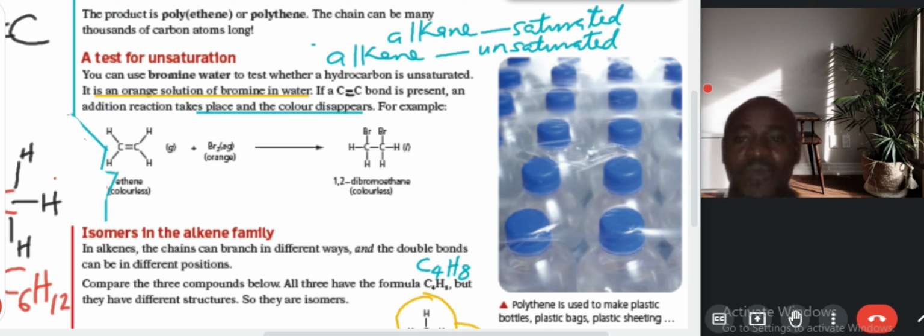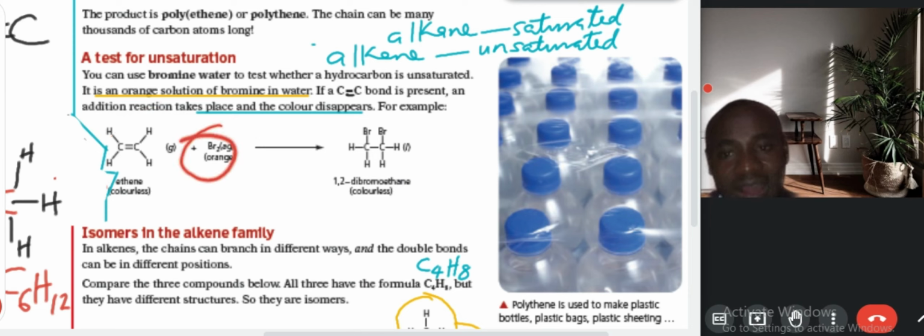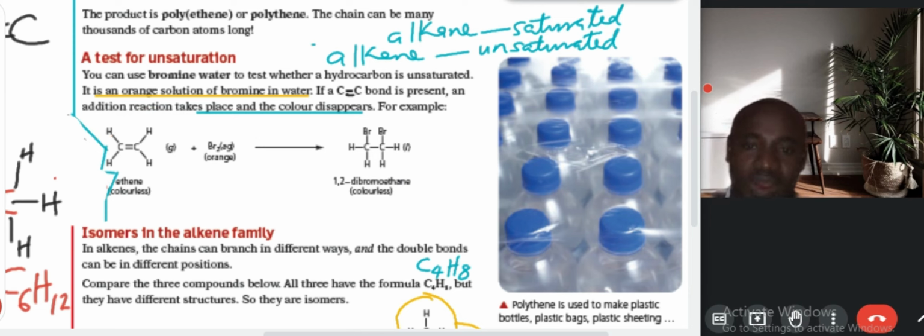And so when we have a positive test, when there's a reaction, the orange color of the bromine water will disappear. It becomes colorless, and so you can conclude that it is an unsaturated hydrocarbon, because the color disappears. After the reaction, it forms a new substance that is colorless.